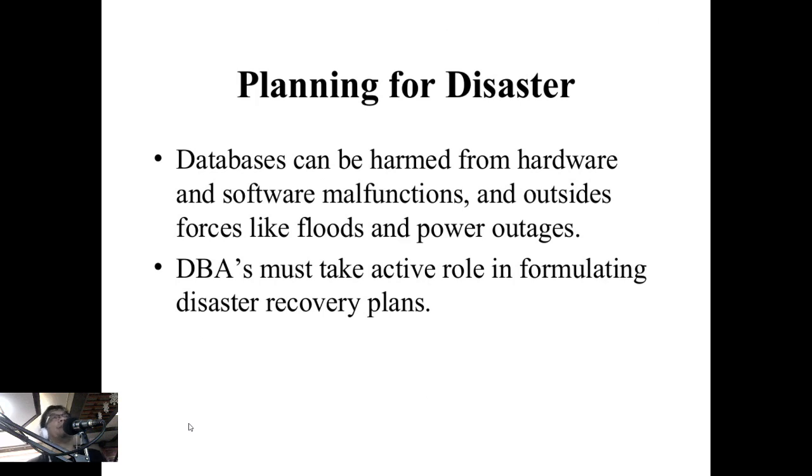Planning for disaster. Databases can be harmed from hardware and software malfunctions and outside forces like floods and power outages. DBAs must take an active role in formulating disaster recovery plans. So there should be a plan on how to recover from disaster.